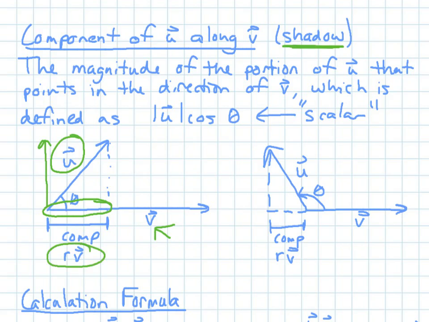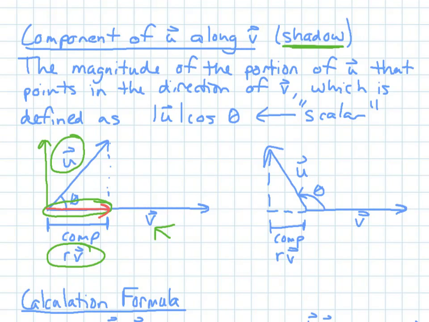So r represents a scalar multiple that if you multiplied it to vector v, you would get the part of the component of u that we're talking about. So the definition is the magnitude of the portion of vector u that points in the direction of vector v. That would be this little smidgen right there. Let's put it in red. So like if I was doing this vector right there in red, that's what we're talking about.